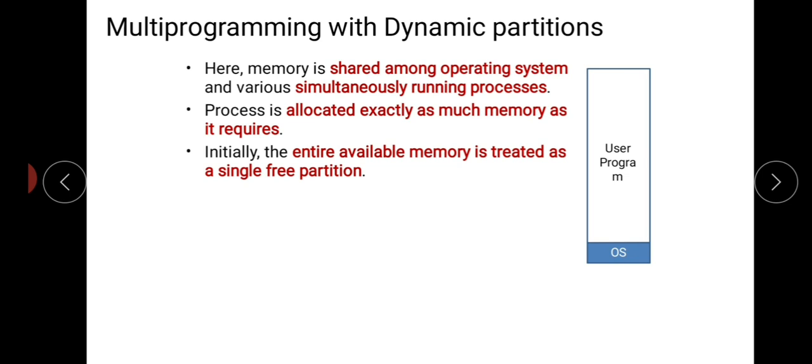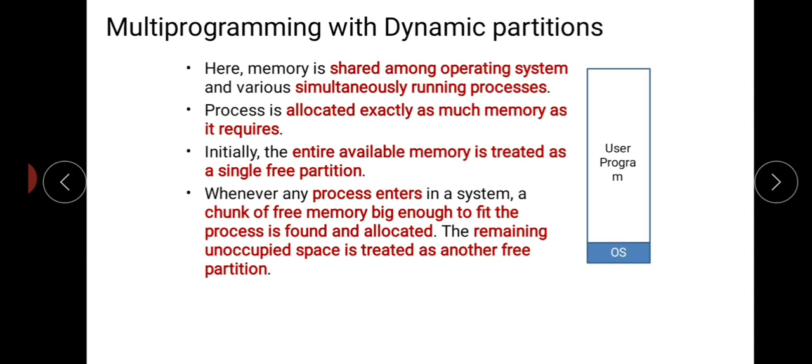Initially the entire available memory is treated as a single free partition. Here is your single partition, not divided into fixed partitions. Whenever any process enters the system, a chunk of free memory big enough to fit the process is found and allocated. The remaining unoccupied space is treated as another free partition.